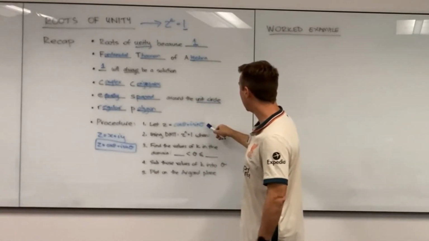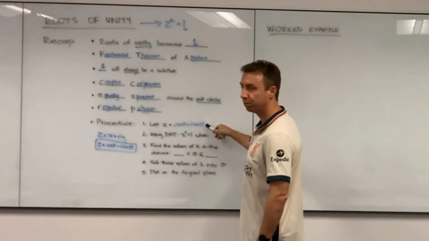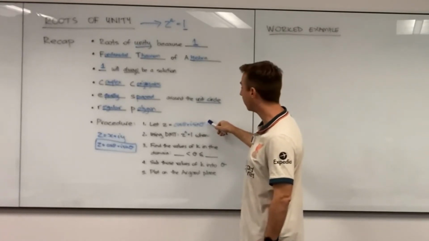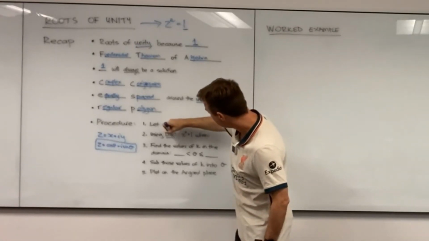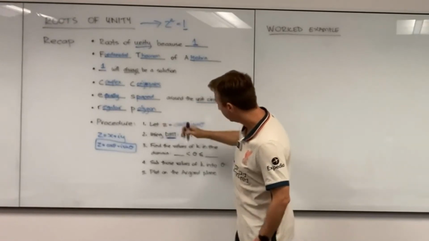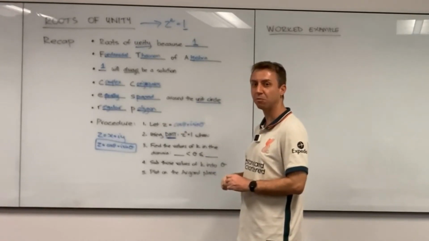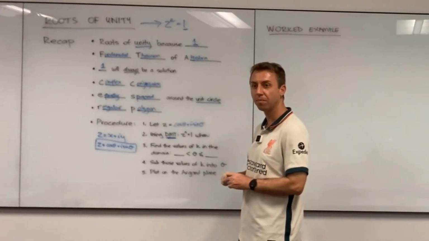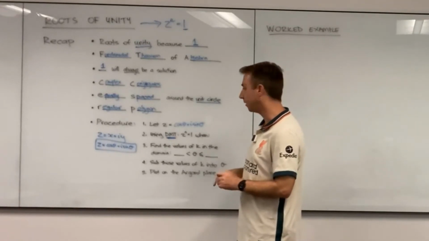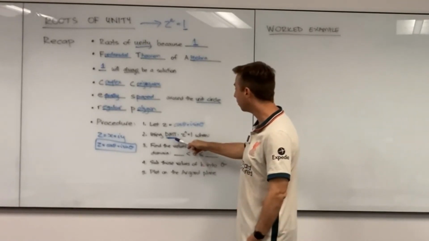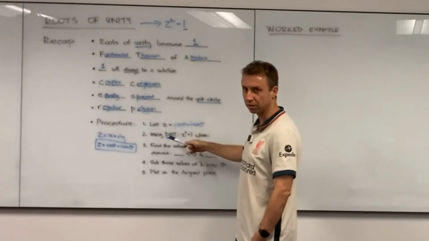Any guesses why that form helps us? And again, it's because of something we learned recently. I'll give you a hint. DMT. Anyone remember what that stands for? De Moivre's theorem. Yeah, that theorem where we kind of learned it using induction.